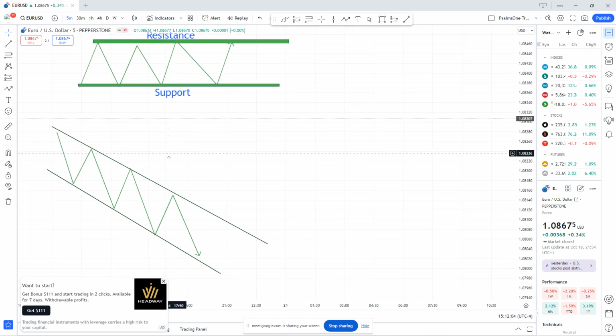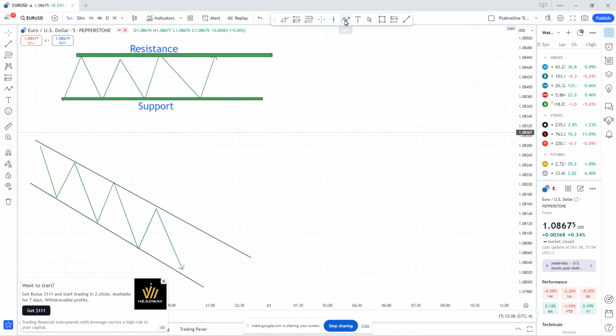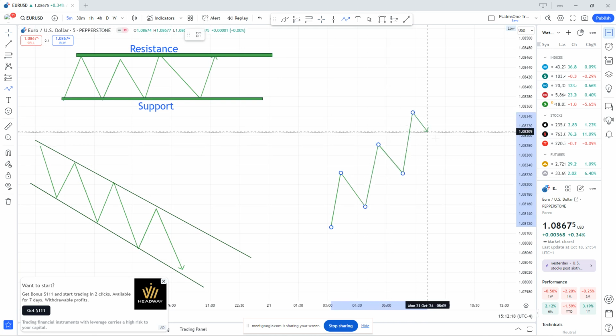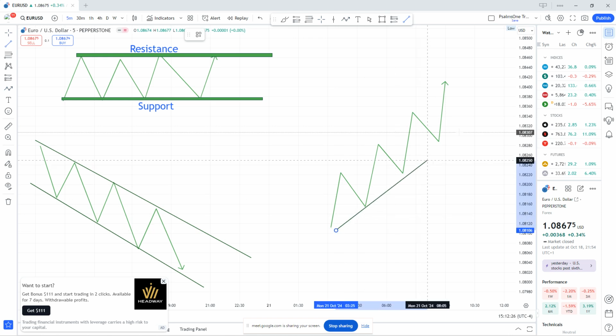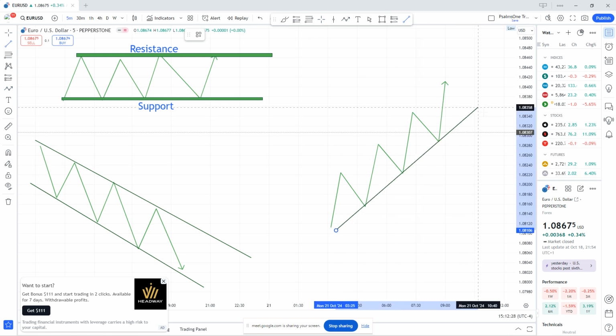We can also have it the other way around. Markets can look like this, so what we have is a diagonal support.